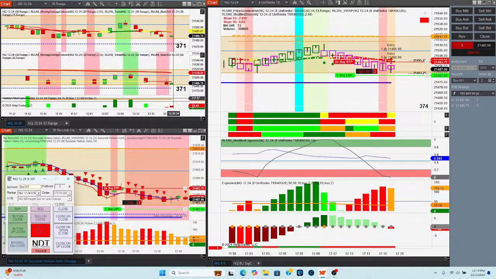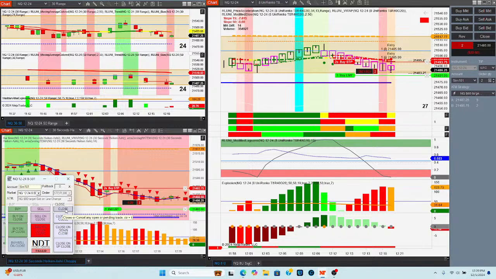Here again, typically I like this over the explosion line, but I wanted to see how this would work together. Now, you could always say, you know what, this is taking too long. You can just close it.